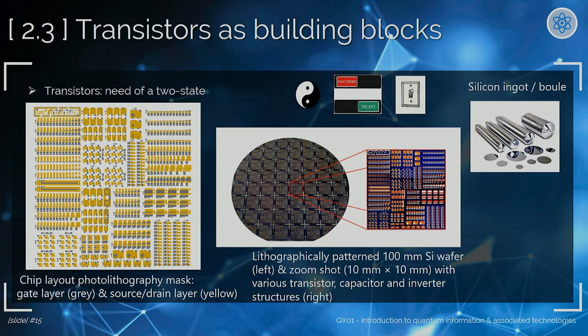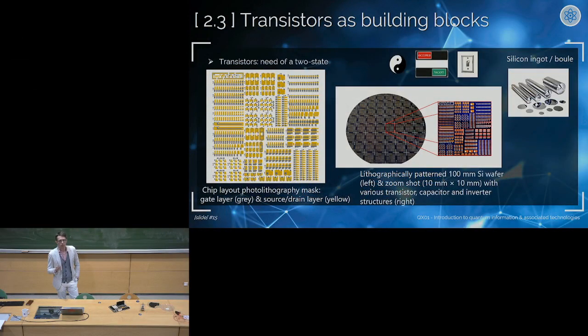Okay. So those are the real building blocks of what we have these days, and the idea is to see how we can have the equivalent building blocks for the quantum transistors, or the quantum part of a classical computer.